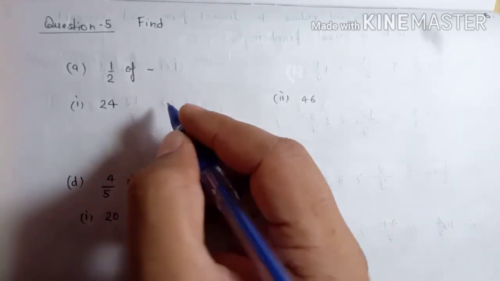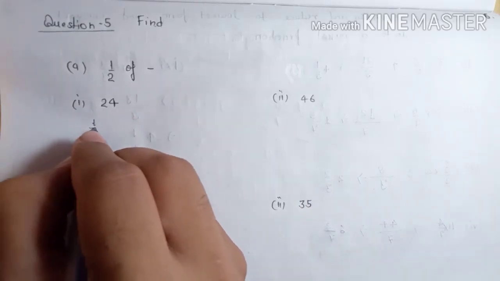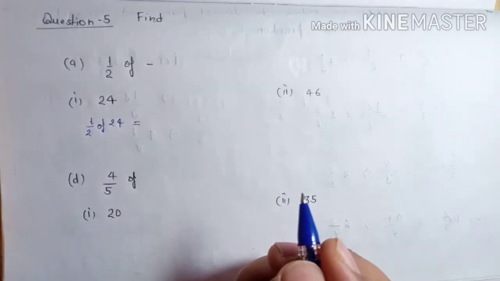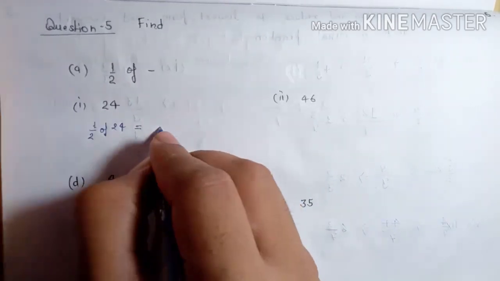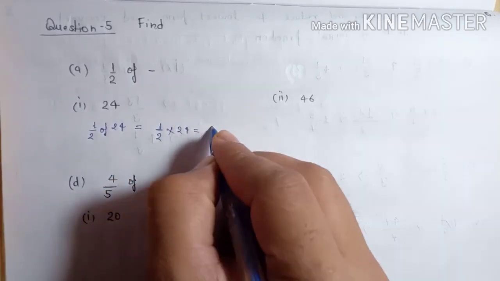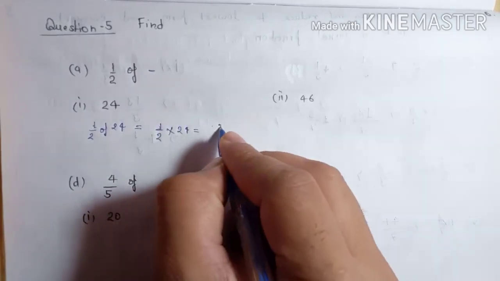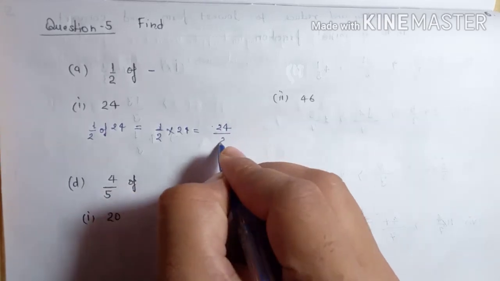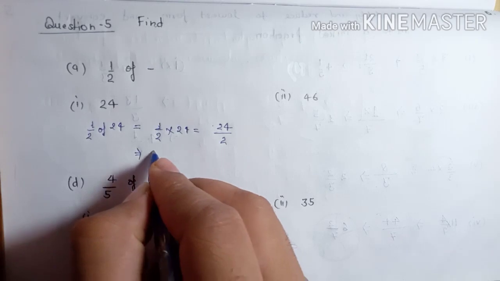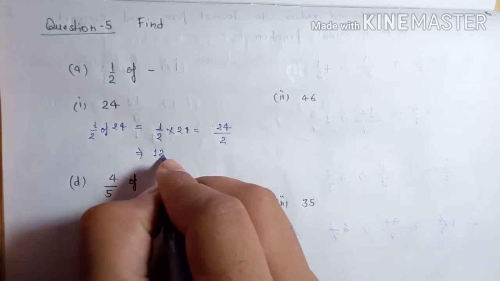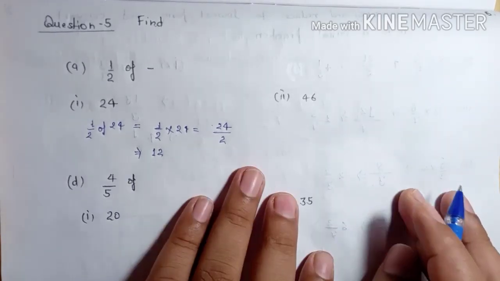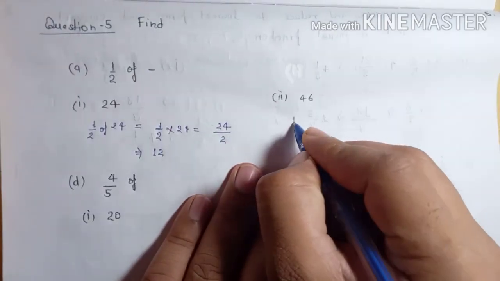Now 1 upon 2 of 24 is equal to 1 upon 2 into 24. That becomes 24 1s are 24 upon 2. Now 2 can divide 24 and that is 12. That is your answer.